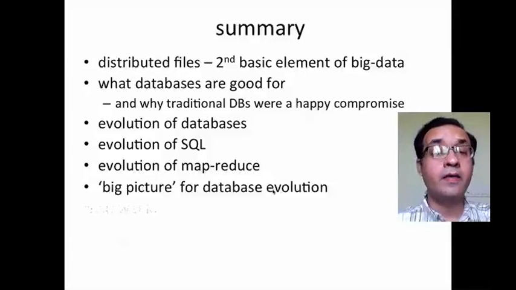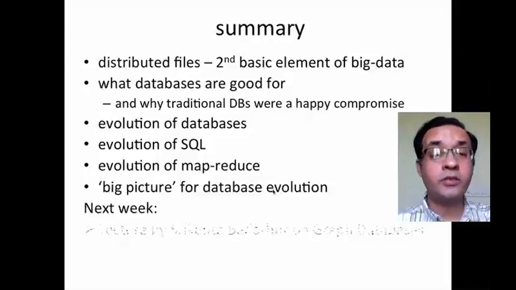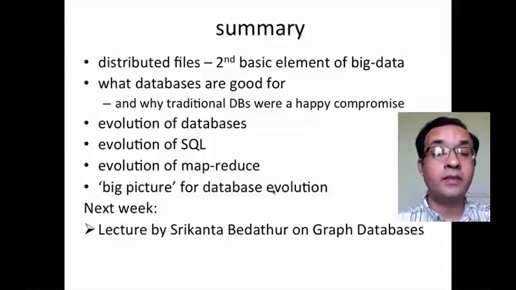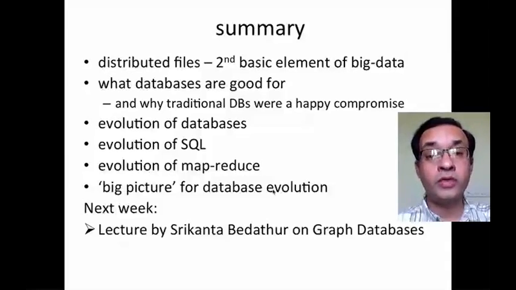And next week, we'll actually be having a guest lecture by Srikanta Bedathur of IIIT Delhi on graph databases. We will not have separate quizzes and homeworks on the guest lecture, but you will have time to do homework 3 and the programming assignment that goes with it.